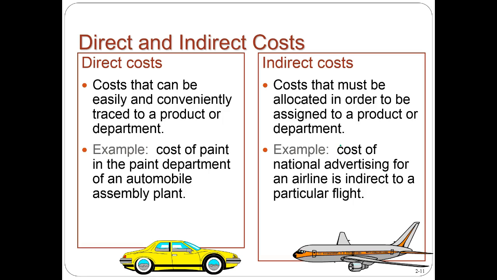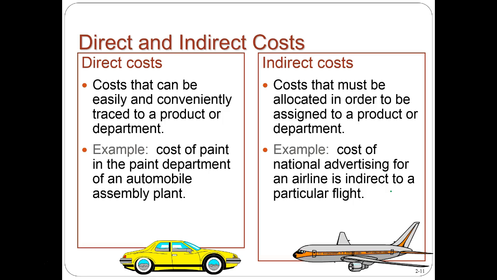Indirect costs are costs that must be allocated in order to be assigned to a product or department. For example, the cost of a national advertisement for an airline is indirect to the particular flight. If we have a national airline with all these different flights and different departments that we want to allocate the advertising cost to, then the question is, how are we going to allocate it to one airline versus another?